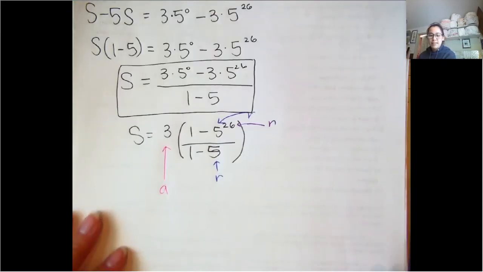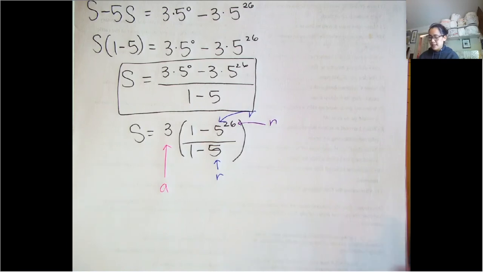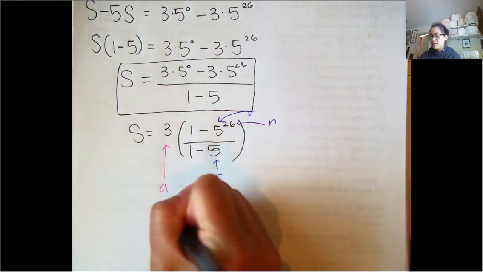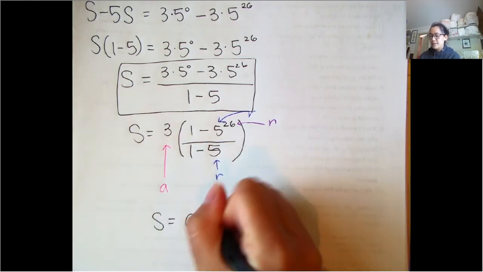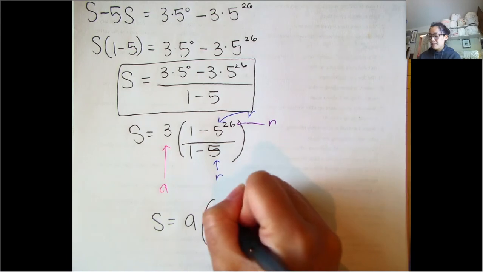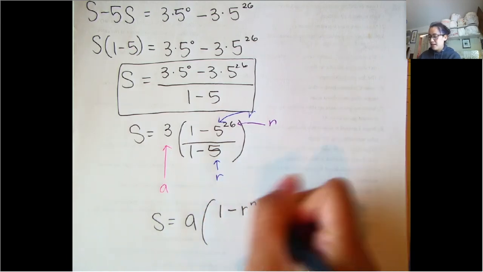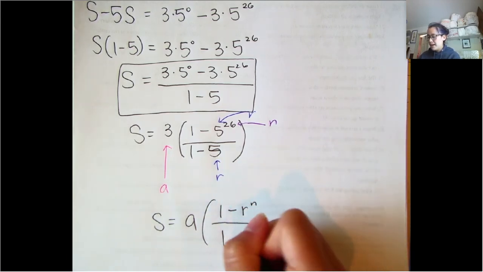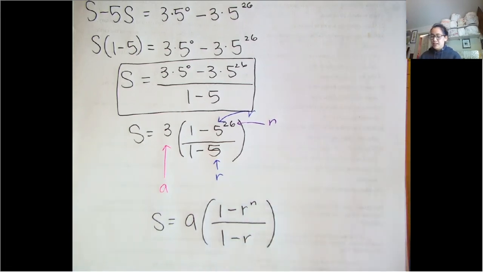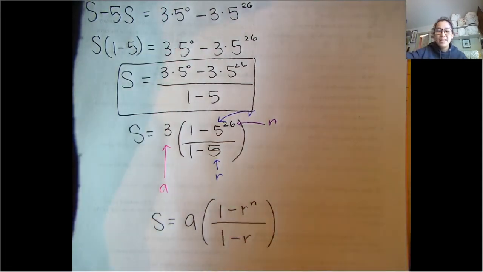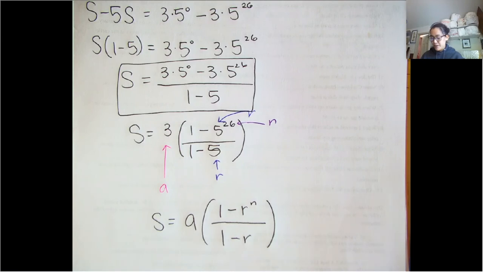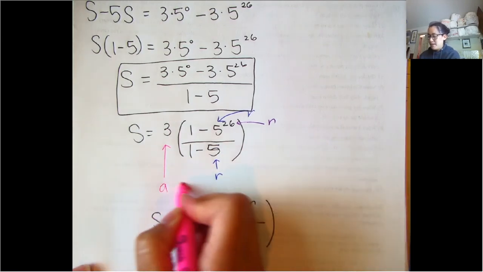If I rewrite that using these generalized variables, the general formula for adding a geometric series is going to be S equals A times, in parentheses, 1 minus R to the n power, all over 1 minus R. For those of you who've been in my class before, anything that's important goes in a pink cloud.